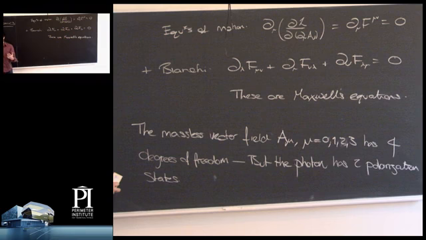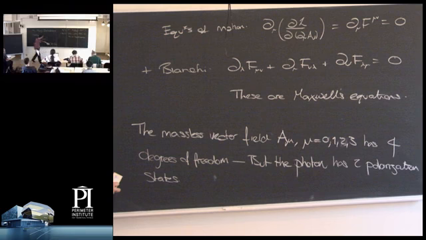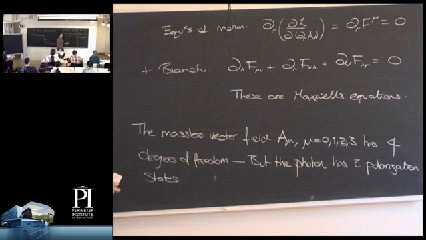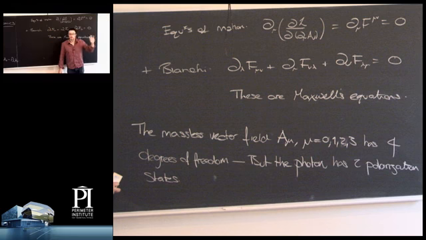And you can see the problem immediately because this guy here, this A mu, which is the field we want to quantize, has an index that takes 4 values, 0, 1, 2, and 3. So if we were going to quantize naively, you might think that there are basically 4 fields, and each of them is going to give rise to a particle. So I'm going to have a photon which somehow has 4 degrees of freedom.